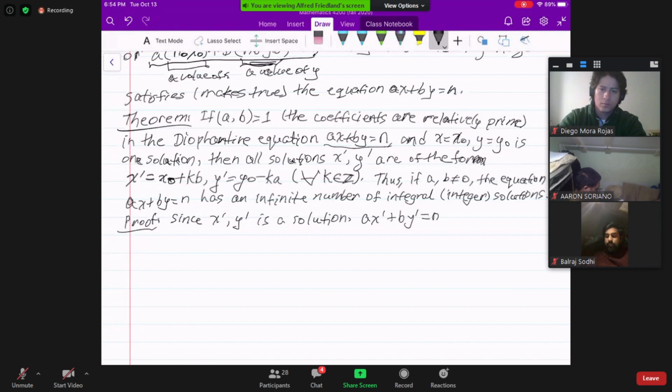So we have that. And since x sub 0, y sub 0 is also a solution, we can write ax sub 0 plus by sub 0 equals n.